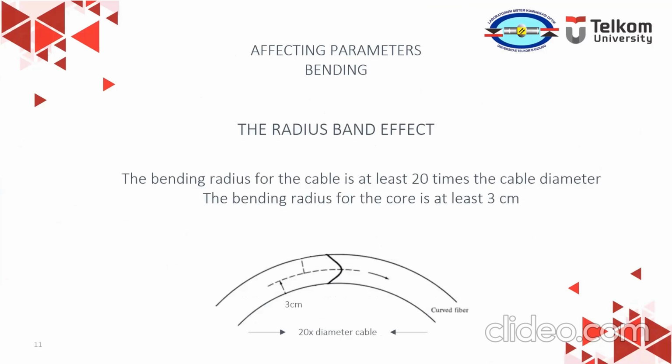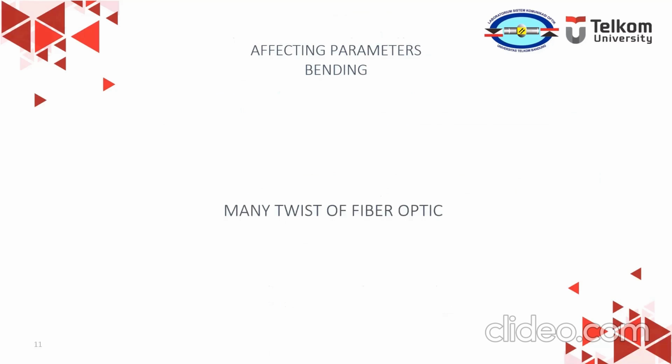The reduced bend effect: the bending radius for the cable is at least 20 times the cable diameter. The bending radius for the core is at least 3 cm. And the number of twists of fiber optic, or number of coils, will also affect the amount of power at the receiver.